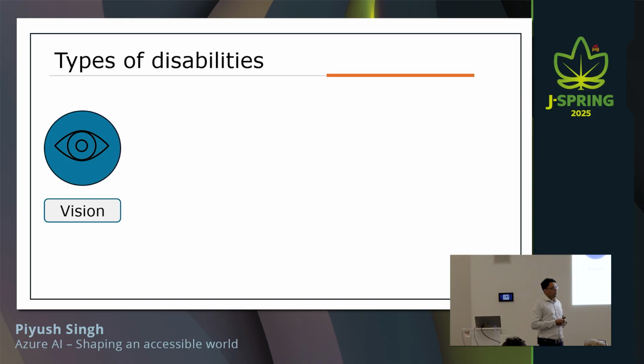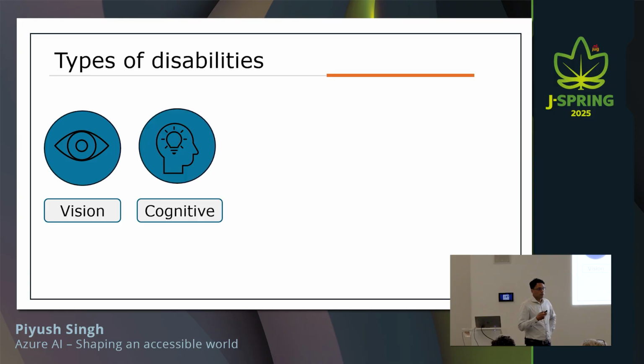A common saying is, if there is one accessibility area that you must take care of, then do it for vision, because that covers almost 80% of disability. And this is also on a spectrum, so you can have people who cannot see at all, to color blindness, partial vision, all that.